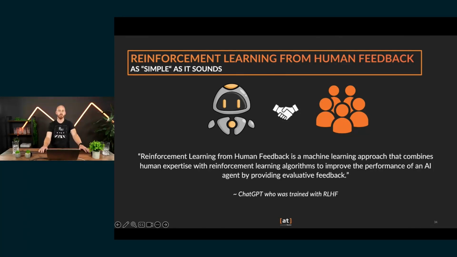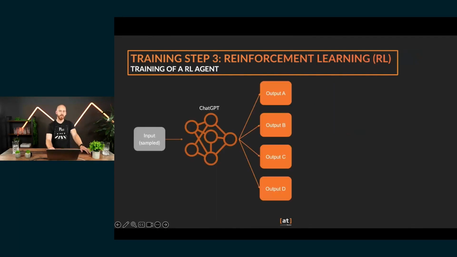Maybe this sounds a bit confusing, but actually it's quite simple. Reinforcement learning agents go hand in hand with humans, and they try to figure out what's the best solution in every situation they observe. So how does this look, for example, in training a reinforcement learning agent with human feedback, in this case, ChatGPT?